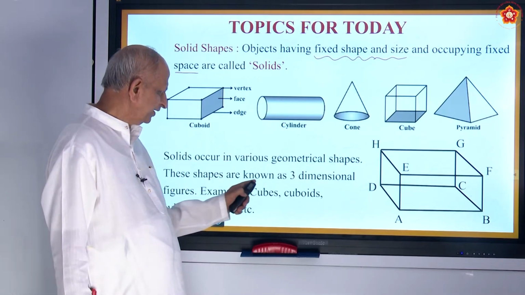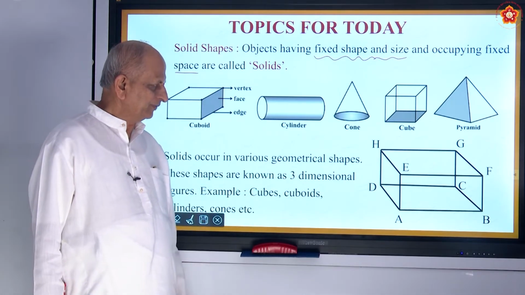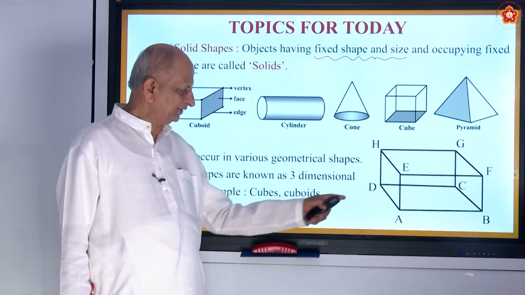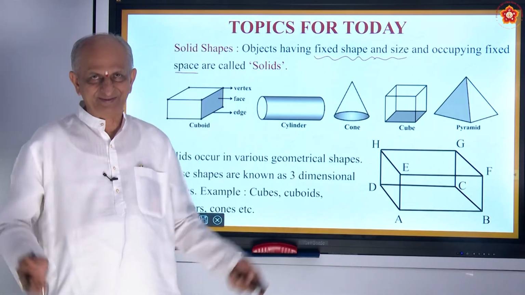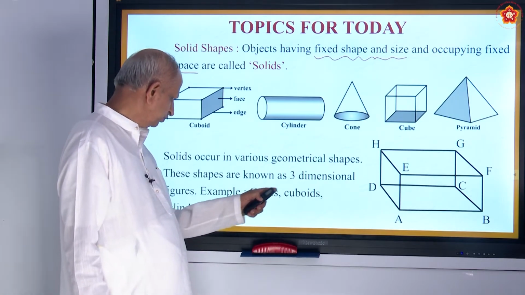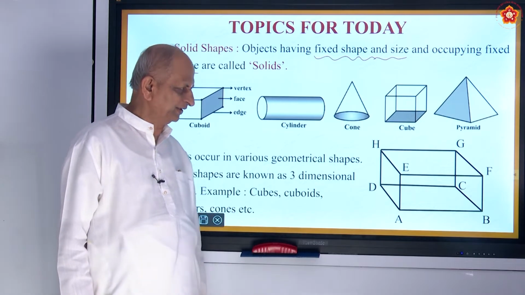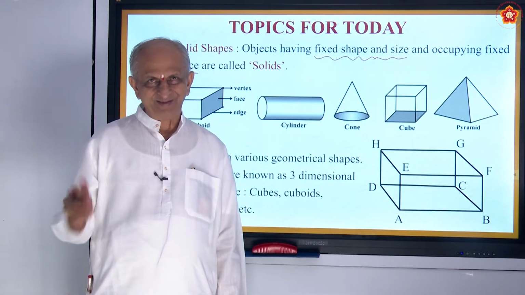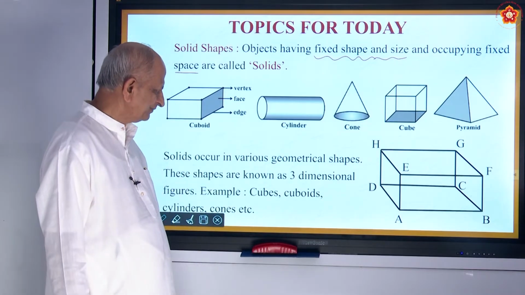These shapes are known as three-dimensional figures. Why three-dimensional? They have length, breadth and height, and they occupy space. For example, cubes, cuboids, cylinders, cones, etc. Even a sphere is there. Ball, your famous ball, that is also a solid, correct?